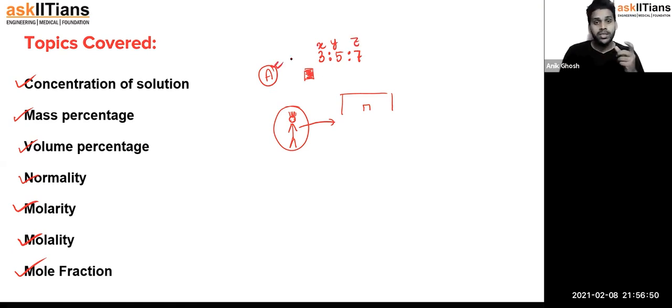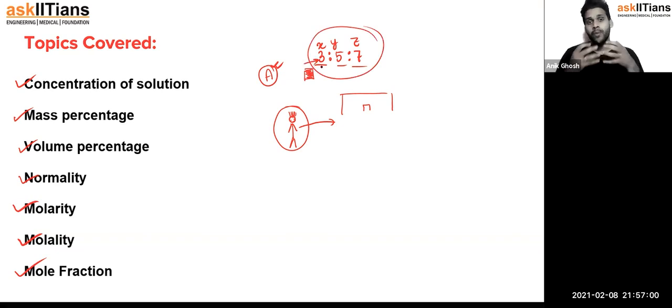Now, all this I have told you so far, like 3%, 5%, and 7%, or 3 volume, 5 volume, and 7 volume, these are called the concentration. Tell me, without these values, would you be able to form any antidote? Let's forget about the antidote and just focus on simple cooking. In cooking, we need to put things in a proper ratio, right?